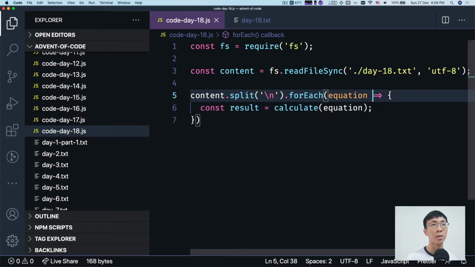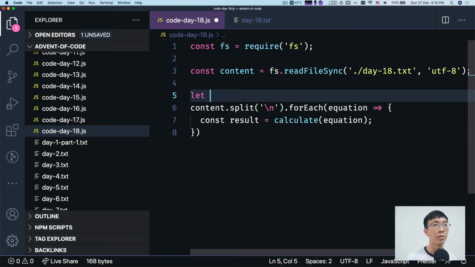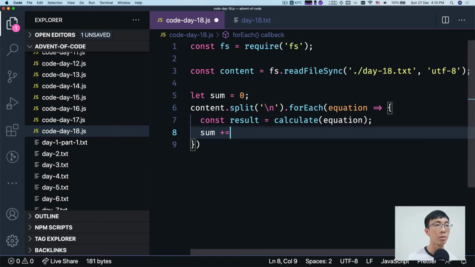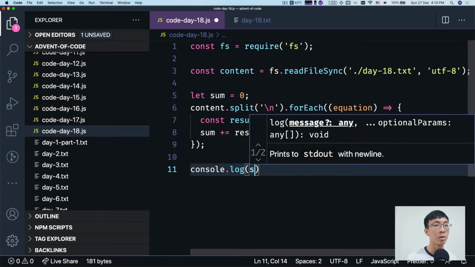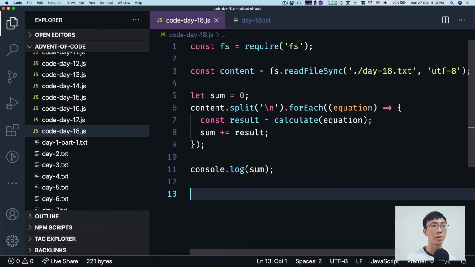Then we need to calculate the sum of all the results. So we're going to have a variable called sum, initialized with 0, and sum plus equals result. And in the end, I'm going to console log the sum, right?